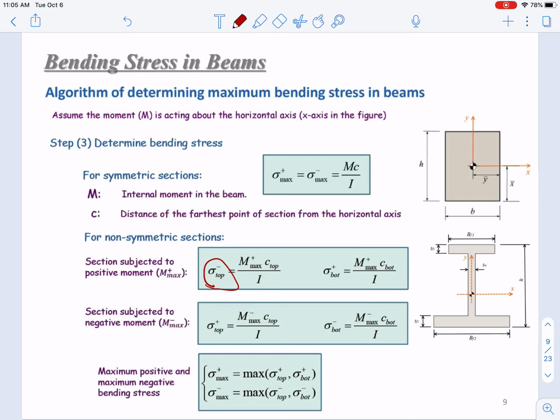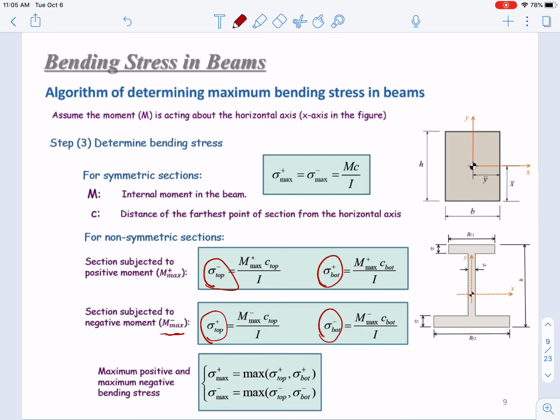You have the maximum tensile stress on bottom. If it's subjected to negative bending moment, on the top you will have the maximum tensile stress. On the bottom you will have the maximum compressive stress.